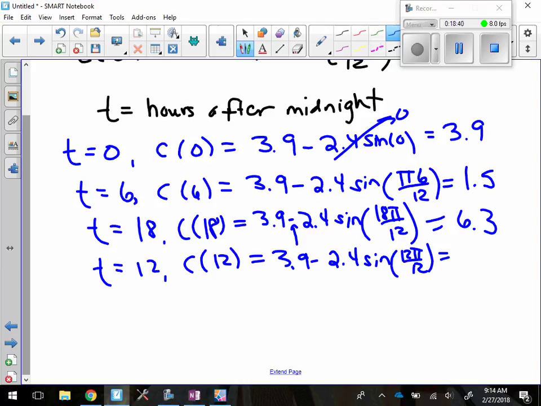Well, 12 pi over 12 is pi, and the sine of pi, Rebecca, is 0. So this is just going to be 3.9.